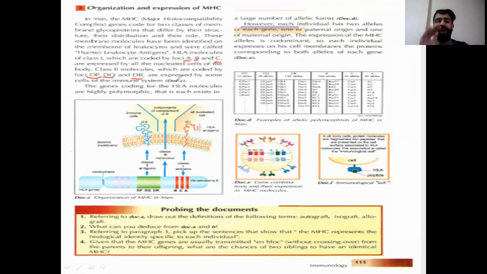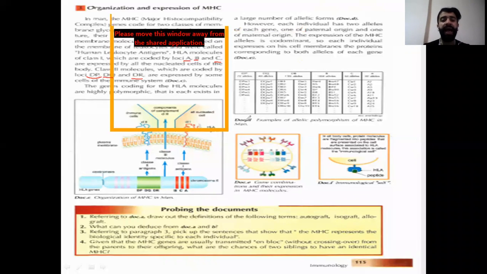So till now we have HLA class 1, with 3 different loci, class A, class B, and class C, and HLA class 2 coded by DP, DQ, DR. They are expressed by some of the immune cells.